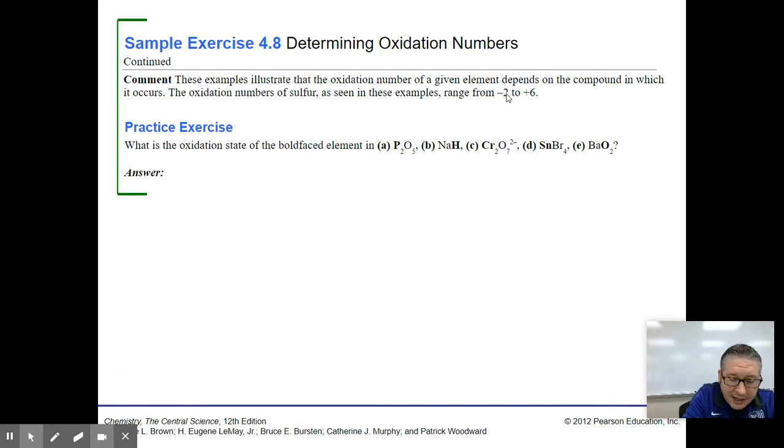Next we have NaH, where hydrogen is. In C we have Cr2O7 2-. We're looking at chromium. D is SnBr4, and E is O2 with oxygen being there. And in D it's tin.